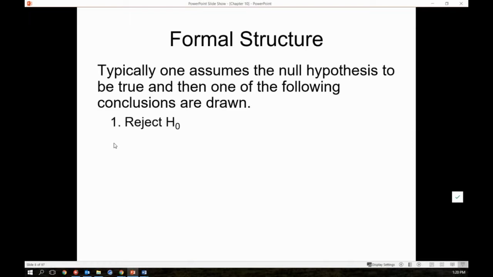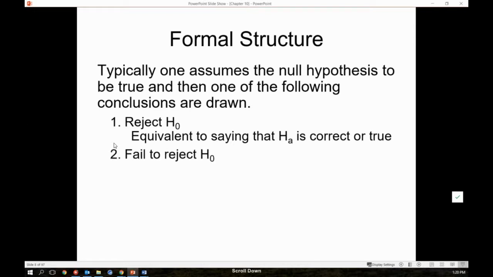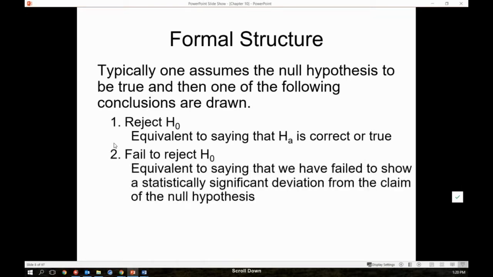Either we reject the null, which is equivalent to saying the alternative is correct or true, or we fail to reject the null, which is equivalent to saying that we have failed to show there's enough evidence for a statistically significant deviation from the claim.